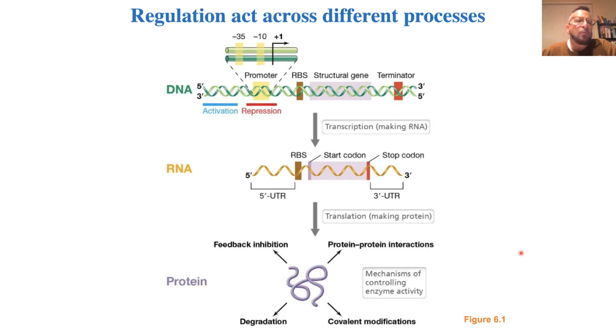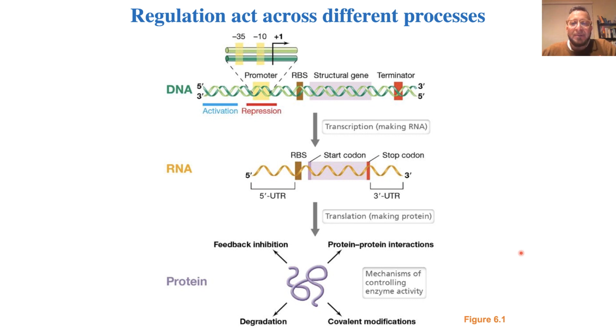There are two different levels at which we can have gene regulation happening. At the DNA level, we have the promoter, which is the site where the RNA polymerase binds. That promoter could have areas of activation and areas of repression.